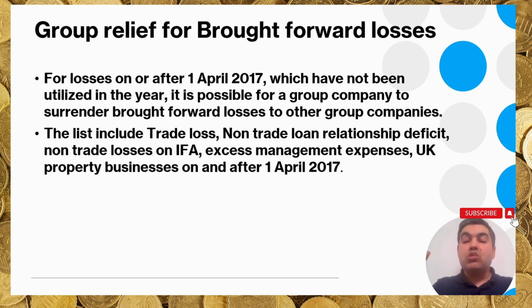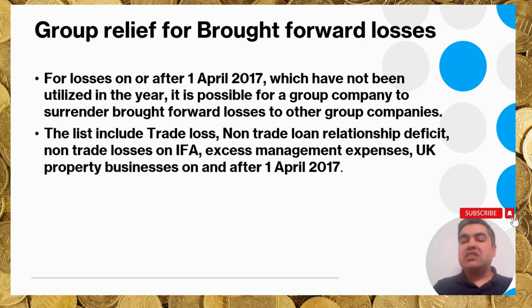However, there's also flexibility for group relief for brought forward losses. Any losses on or after April 2017 which haven't been utilized in the year can be surrendered by the group company to another profit-making company. The list includes trade loss, so any brought forward trade loss can be transferred or surrendered.